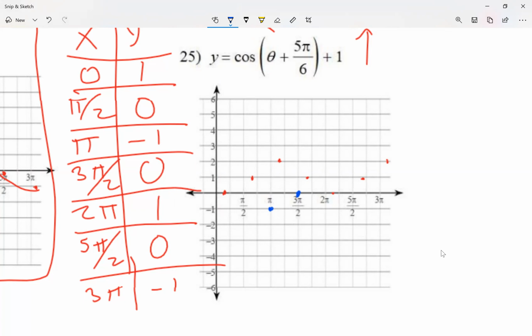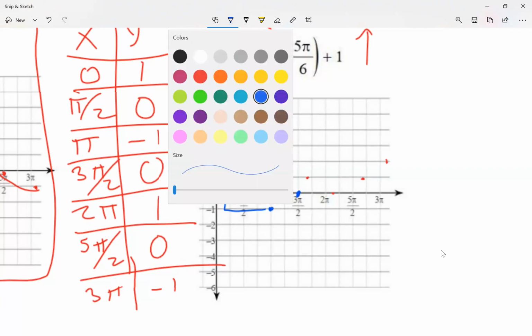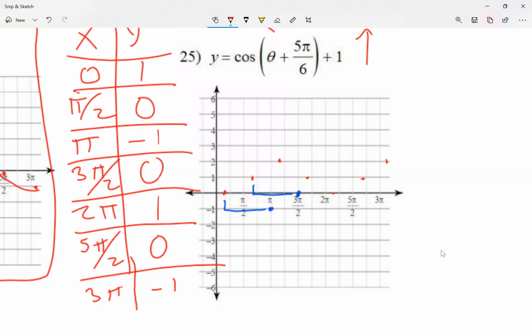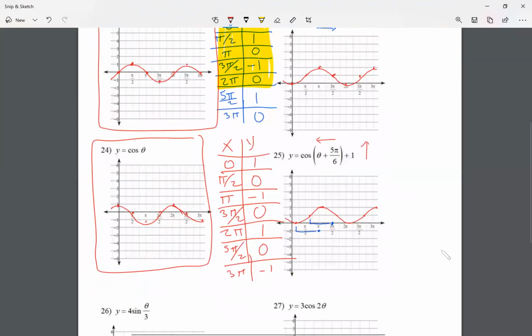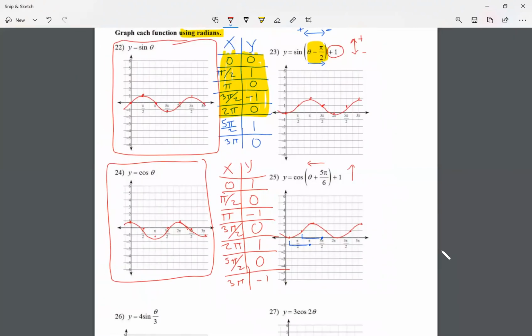A little less than 4 spaces, because 4 spaces is a pi. So each of these points, I moved it almost 4 squares to the left and up 1. You guys notice? So each of my original points, I came out with that. So I have all those points, and I'm just going to graph this. When I connect my points, it should look like that.